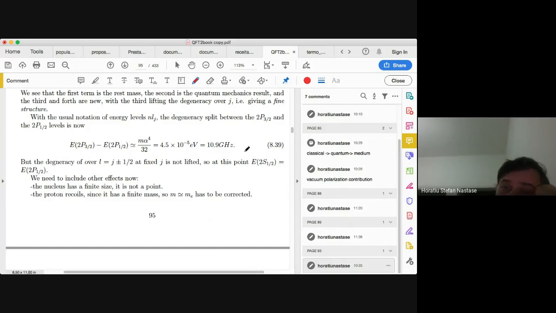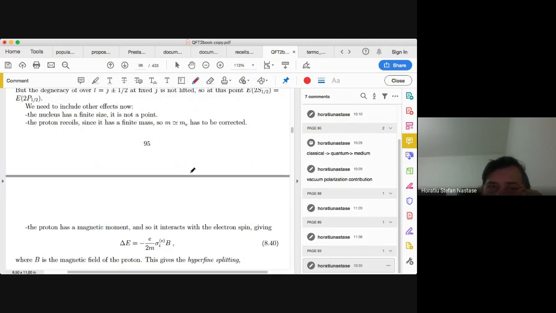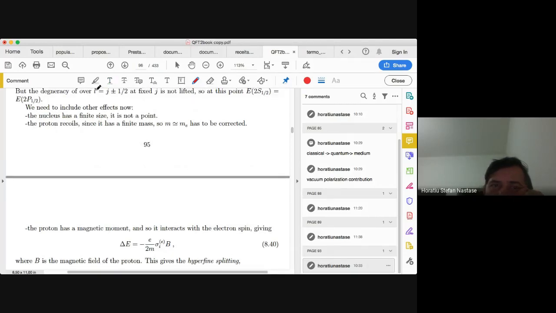So how do you understand that? Well, there are several other effects. First, there are some semi-classical effects. The first one is that the nucleus has a finite size. It's not just a point.